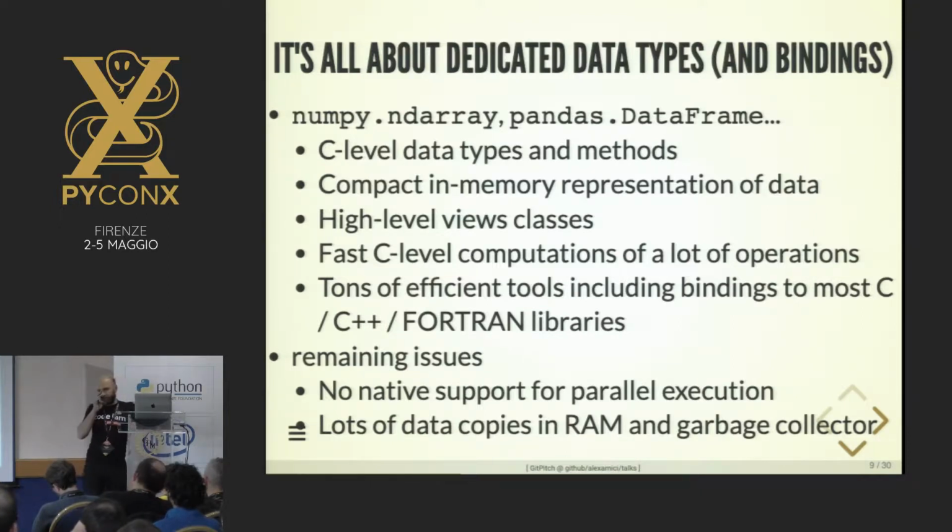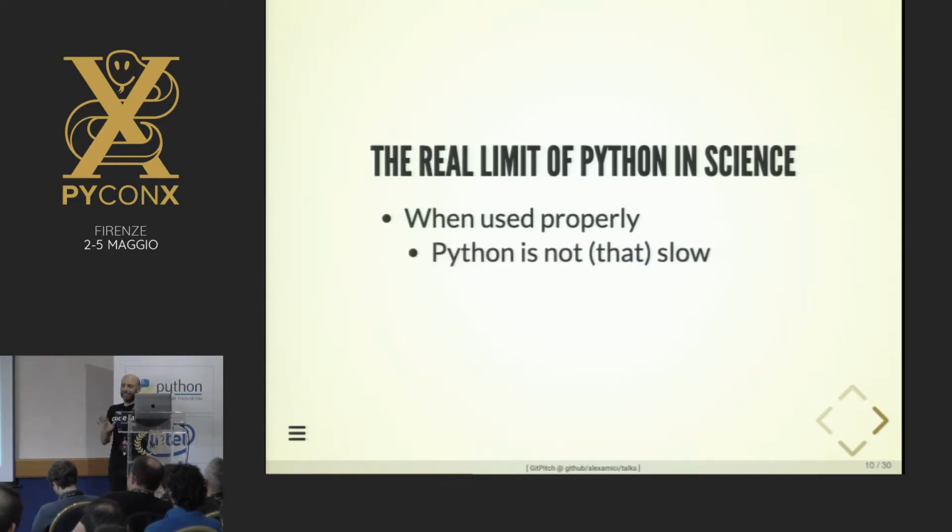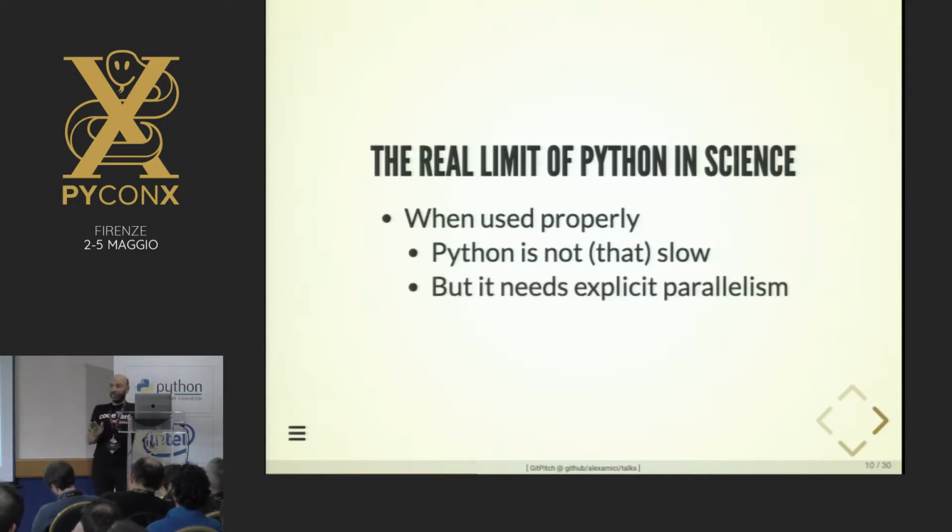In real life, you will hit the out-of-memory killer more often than the too slow or timeout on your queue system. So when used properly, Python is not that slow because operations are done in C. But it needs explicit parallelism, and it is a memory hog.